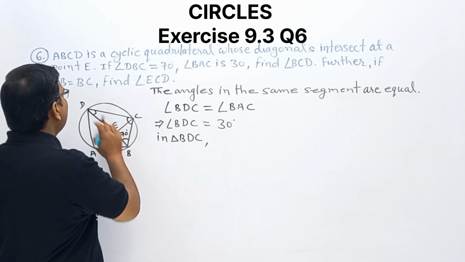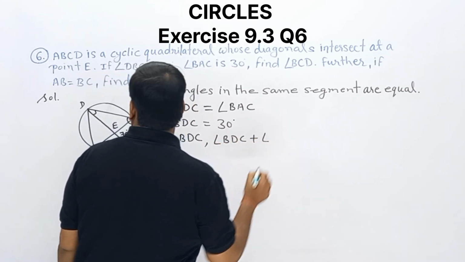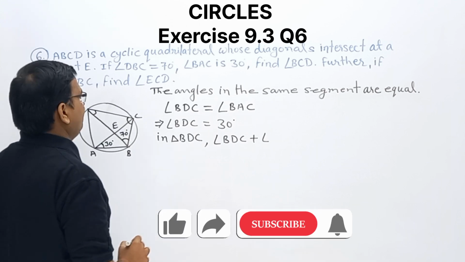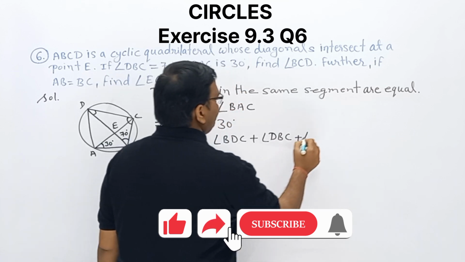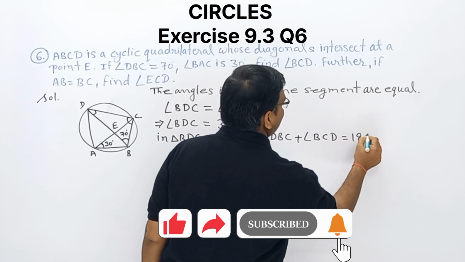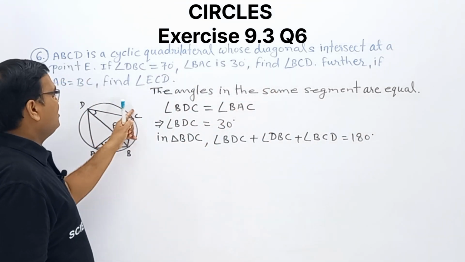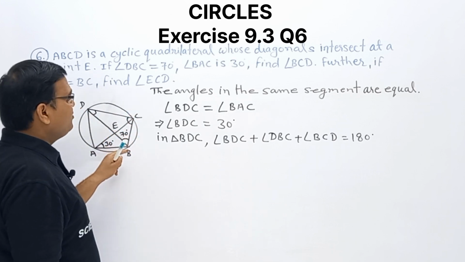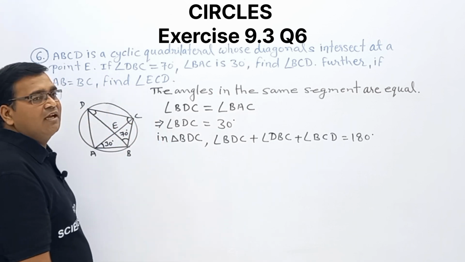So in triangle BDC, angle BDC plus angle DBC plus angle BCD equals 180 degree. Yes or no? BDC plus DBC, plus BCD, this we want. In this triangle, the sum of these three angles will be 180.